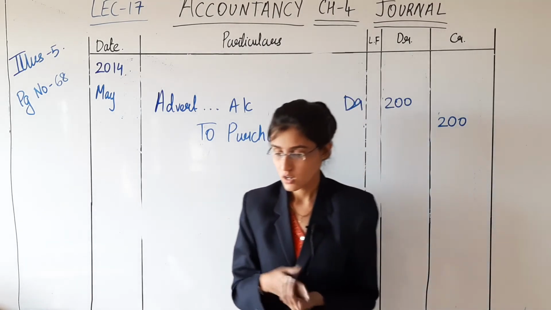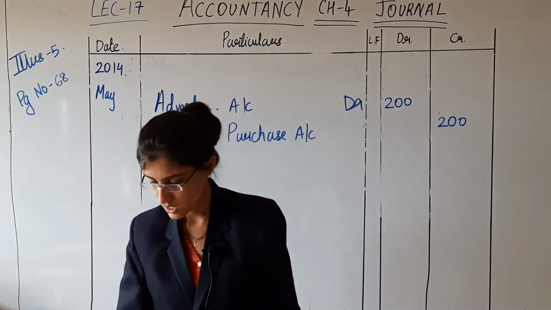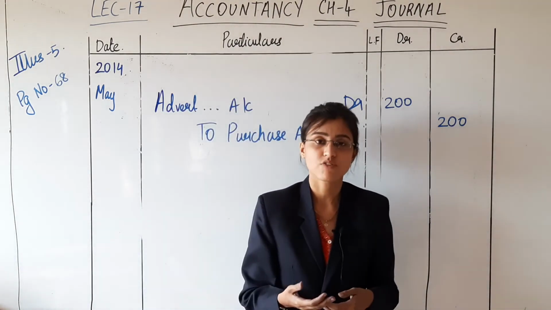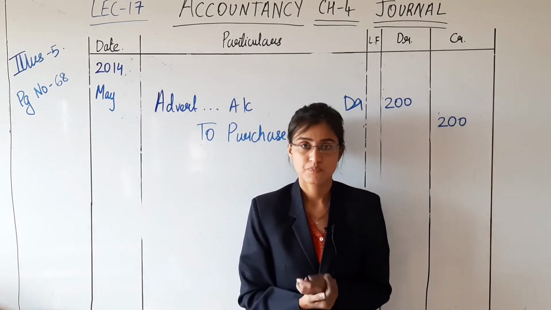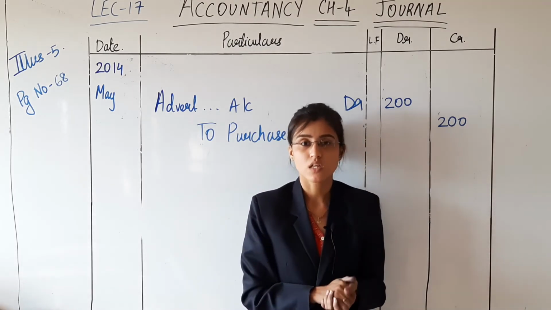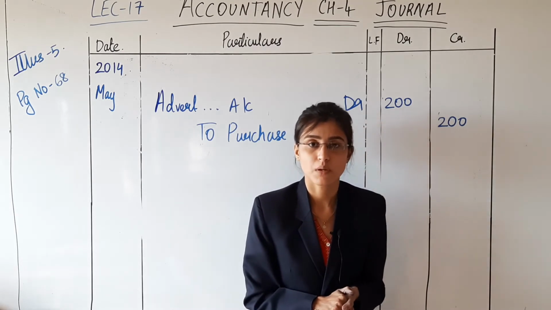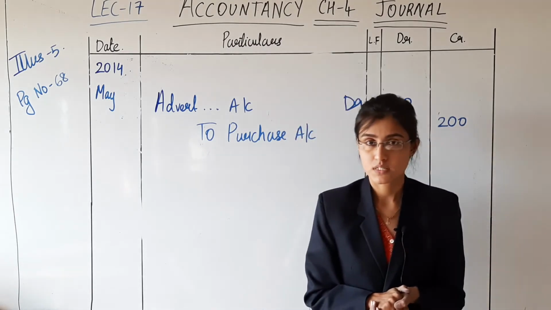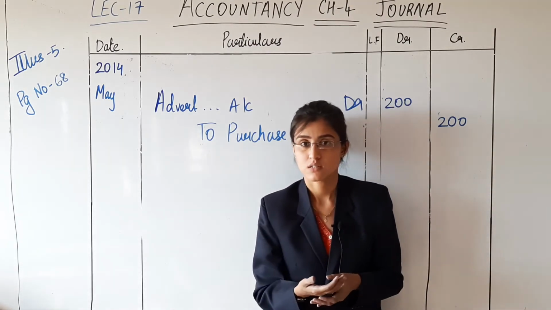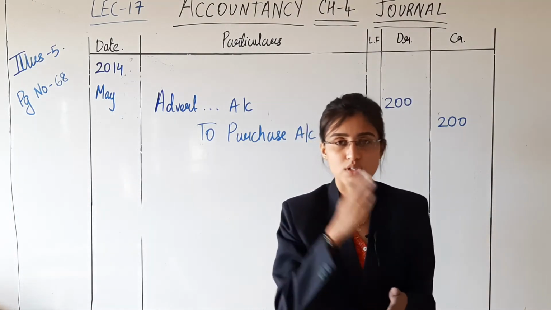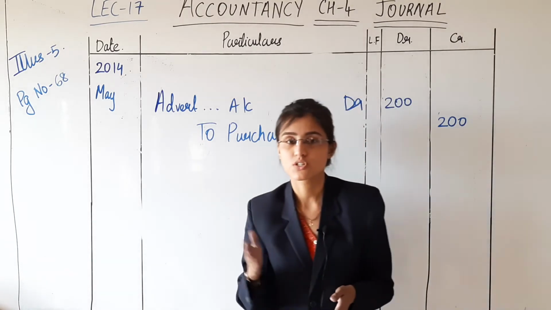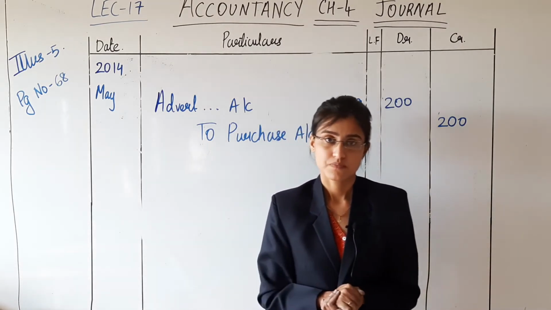Illustration 4 was about the transactions of purchase of goods, return of goods, etc. On the basis of the same, we have done sum number 5 and sum number 6 from the exercise in your textbook from this chapter, which are related to illustration 3 and illustration 4.